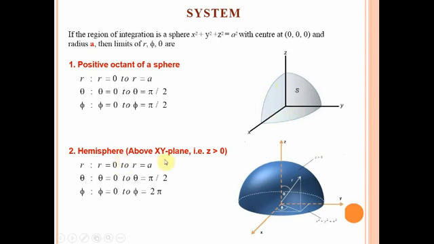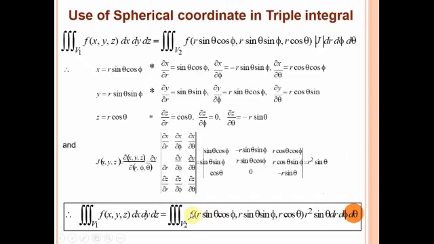If we create the hemisphere, then the limits will be r from 0 to a, theta from 0 to pi by 2, and phi from 0 to 2 pi, because then it will take a complete rotation. So you can understand how we visualize the space for the positive octant and for the hemisphere.